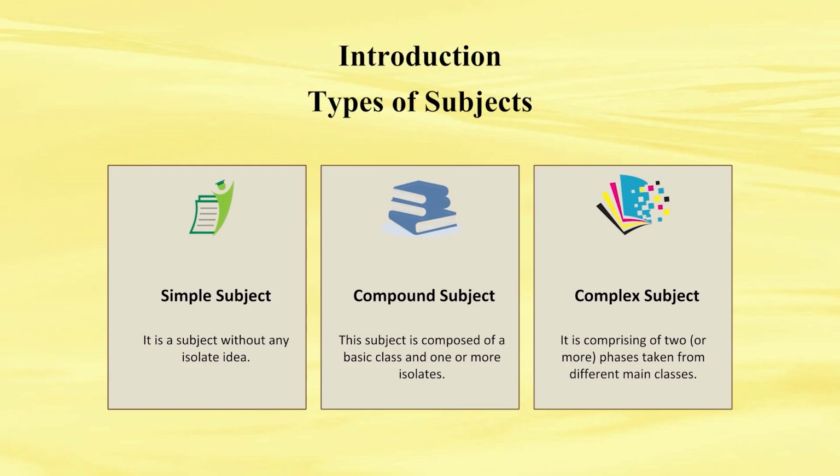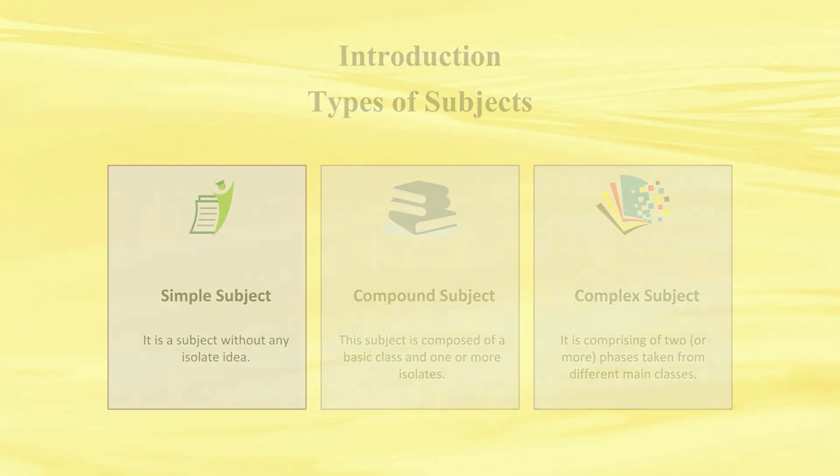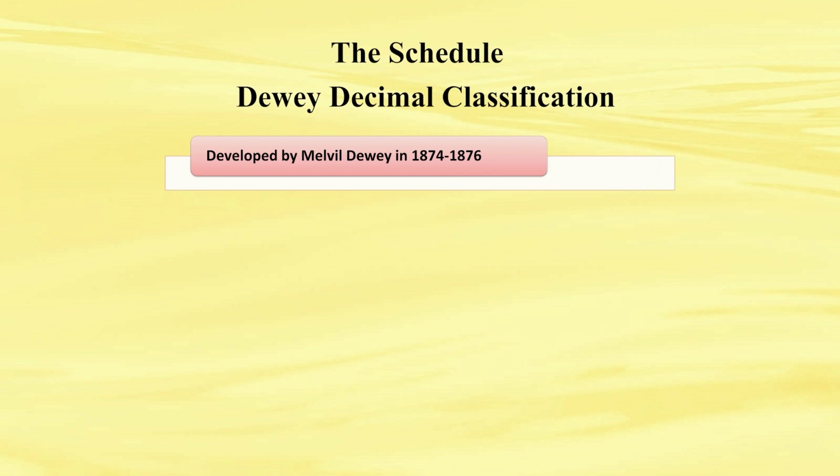So now, as per our commitment, we will concentrate on the almost enumerative classification scheme, that is the Dewey Decimal Classification Scheme. You know that Melville Dewey developed this classification scheme from 1874 to 1876, and the first edition was published in 1876.